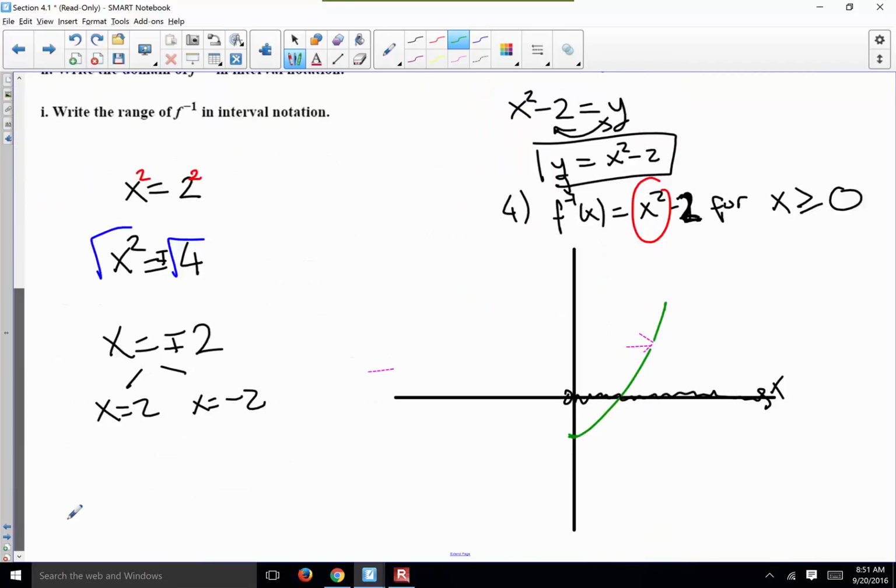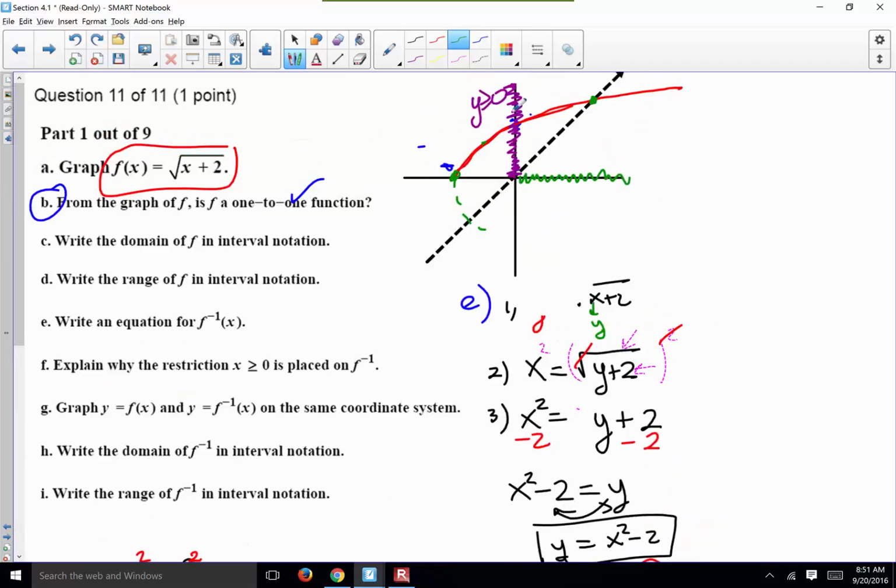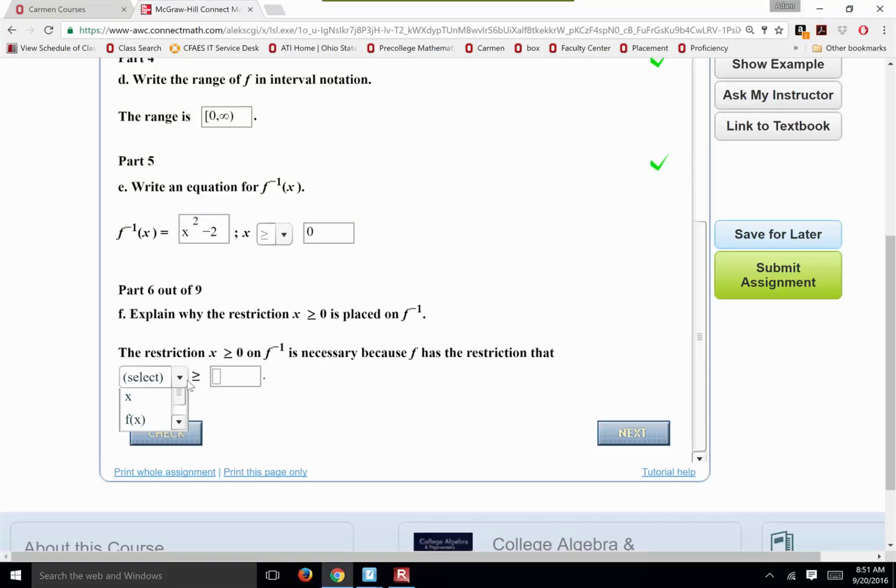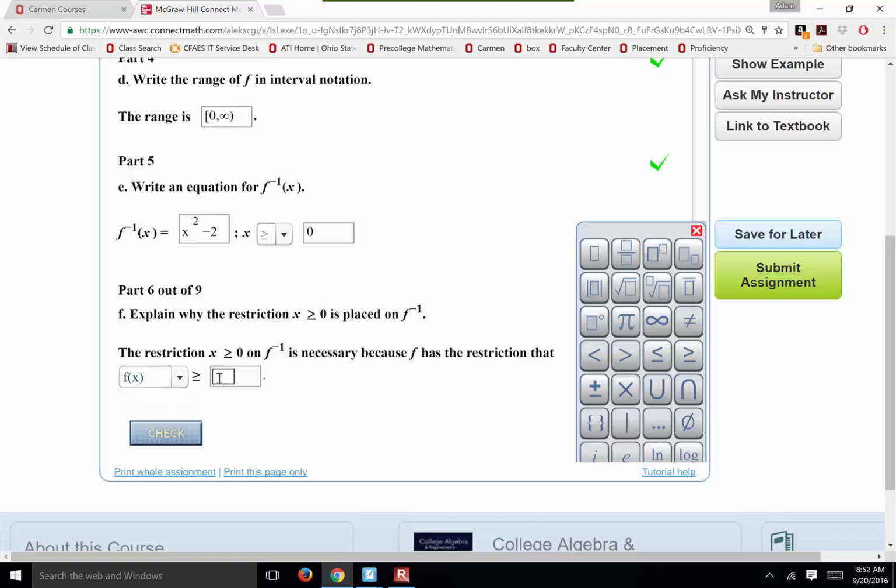That's why this graph had positive x values, because the original function, the red one, has positive y values. Okay? So this is the explanation. F of x, or y values, were greater than 0. That's why we took x values to be 0 or more.